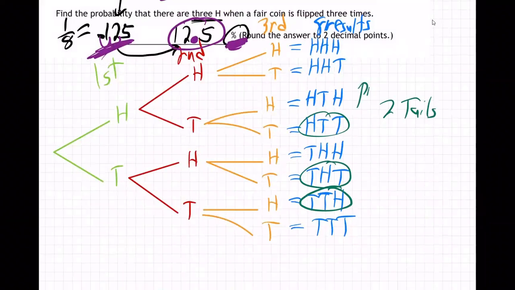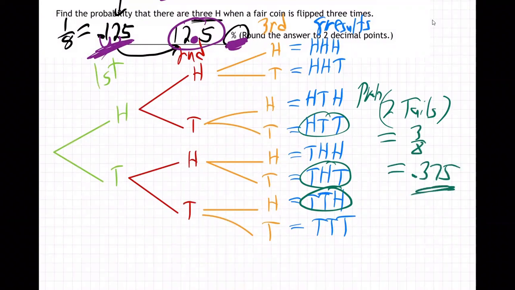So the probability of 2 tails would be 3 out of 8, which in decimal is 0.375 if they want no percent, or if they want a percentage answer, it'd be 37.5%. You'd move the decimal 2 places, right? There's the same answer, decimal with no percent symbol, and here it is with the percent symbol having moved the decimal 2 places. So that'd be if they said 2 tails.